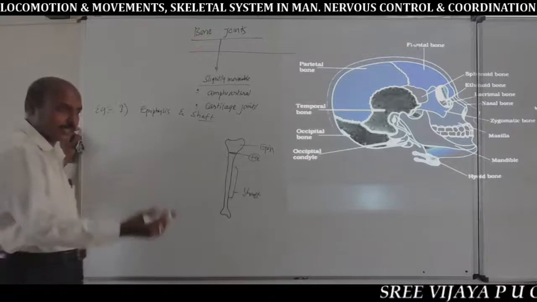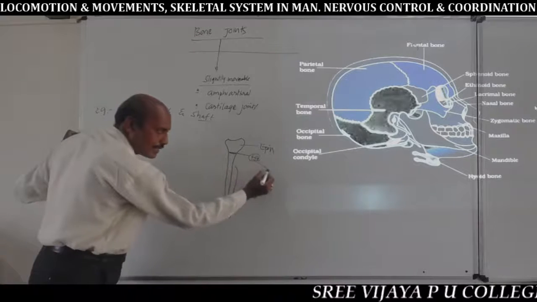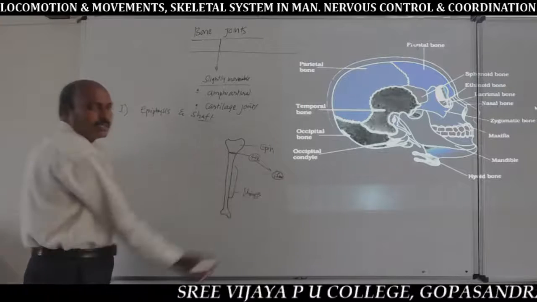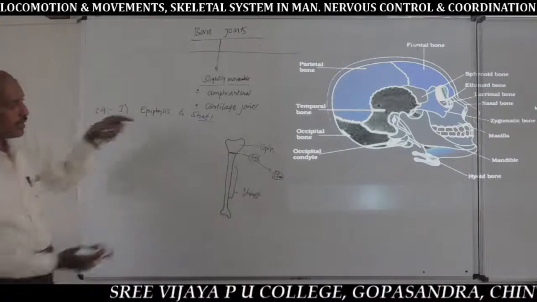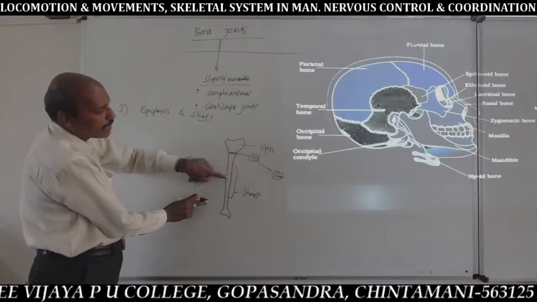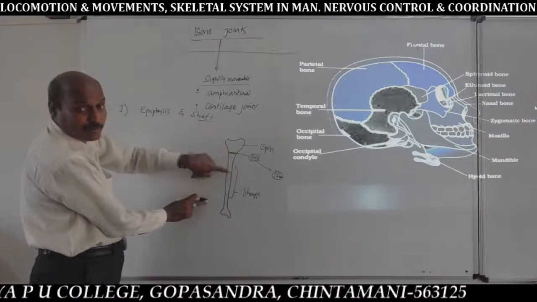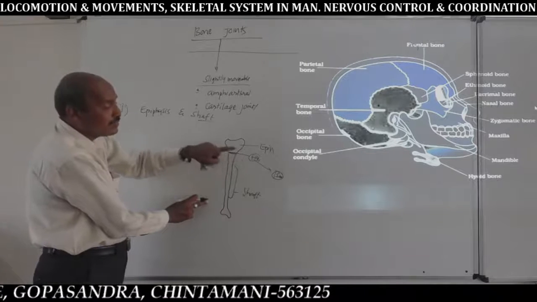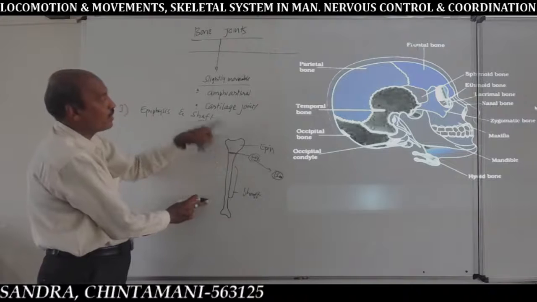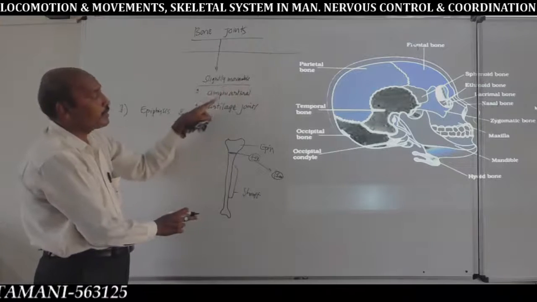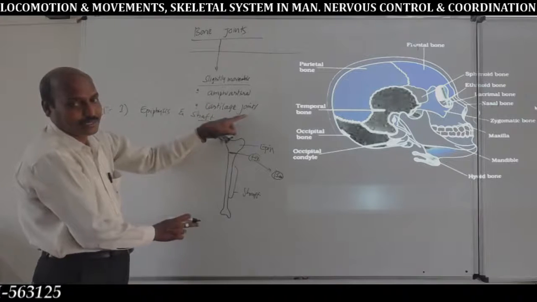After a certain age, this hyaline cartilaginous tissue is completely replaced by bone or osseous tissue. Since this hyaline cartilaginous tissue is responsible for slight movement, it is also called a cartilaginous joint.